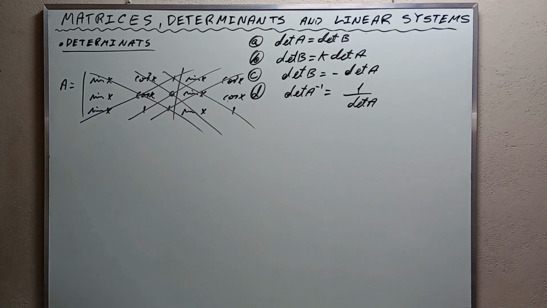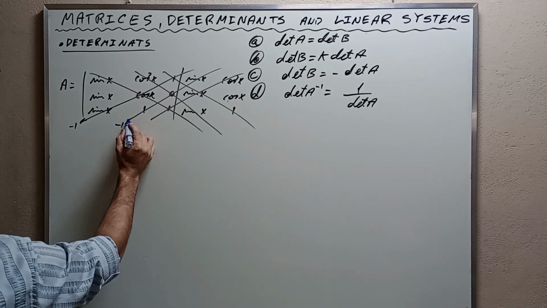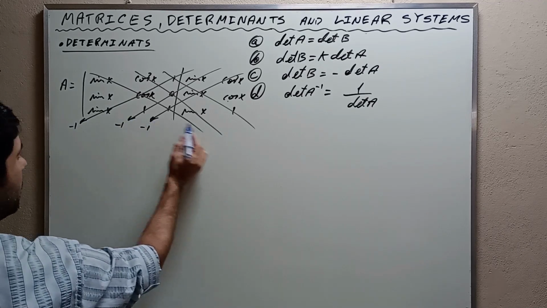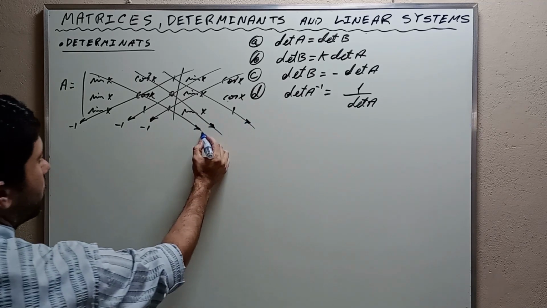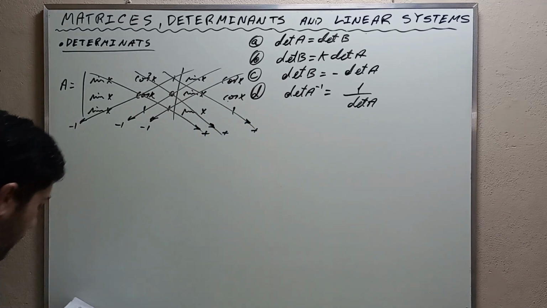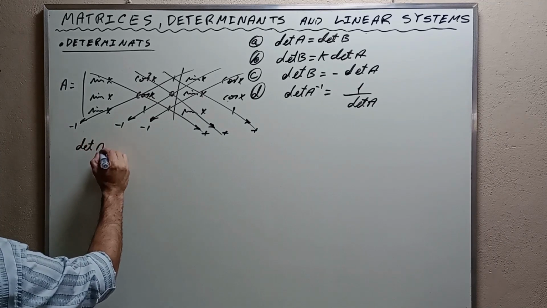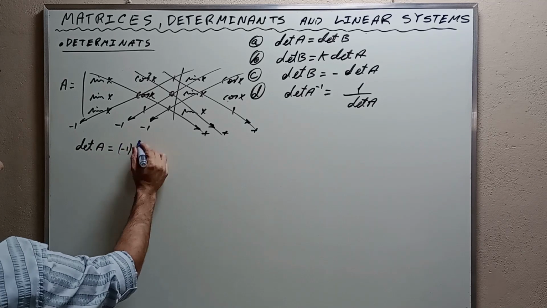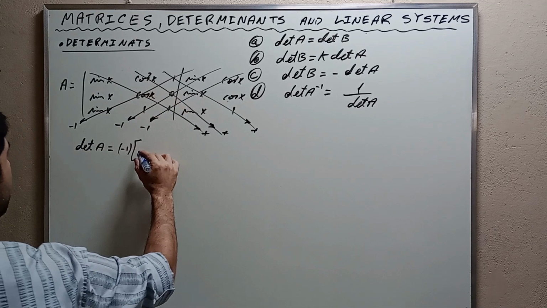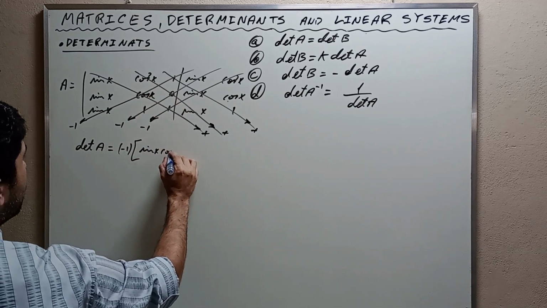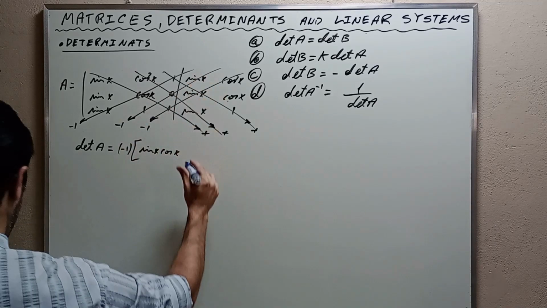And as we saw, these products here are multiplied by -1, and the products of the right keep the original sign. In this way, the determinant of A is equal to -1 times this product here, it's sin x cosine x. This here is 0.